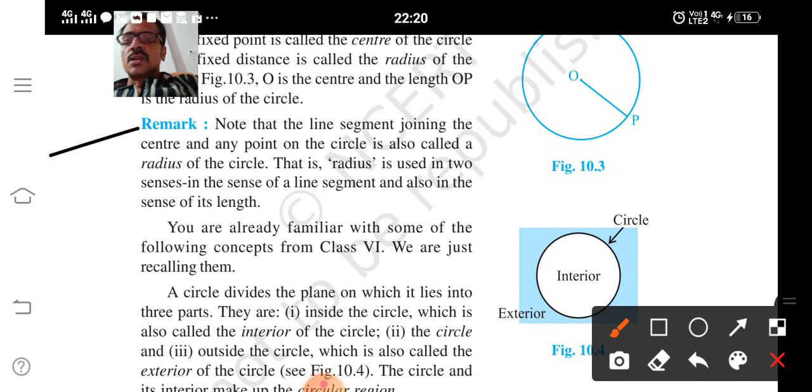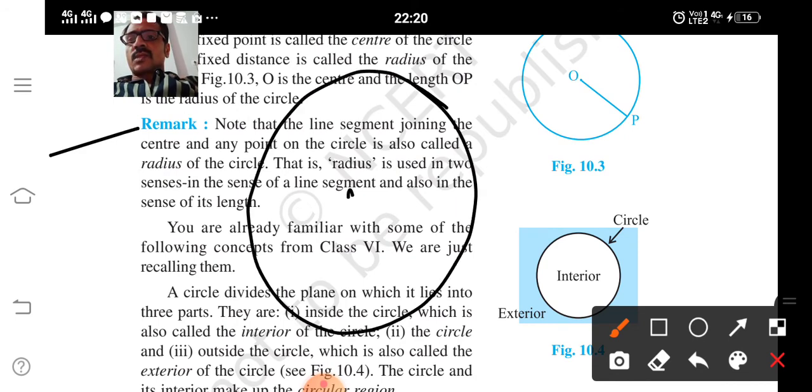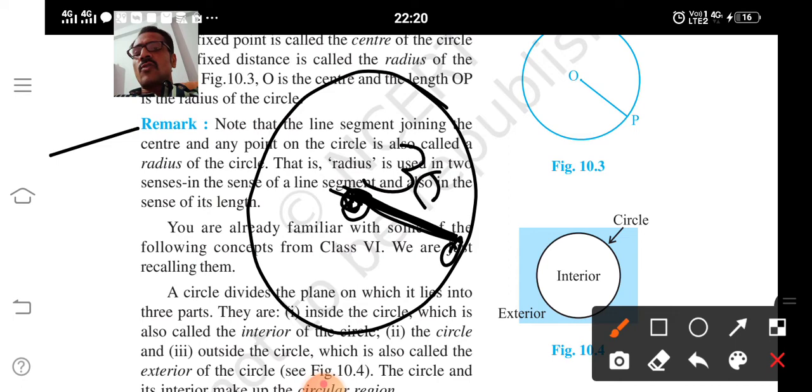Look, so radius can be used in two senses. In a circle this is the radius, the distance from the fixed point to any point of the circle. So this is called length. If I write 3 centimeter over here, then this OA will become the length, and this is a line segment also because it has two endpoints O and A. So the radius of the circle is a line segment as well as a length.